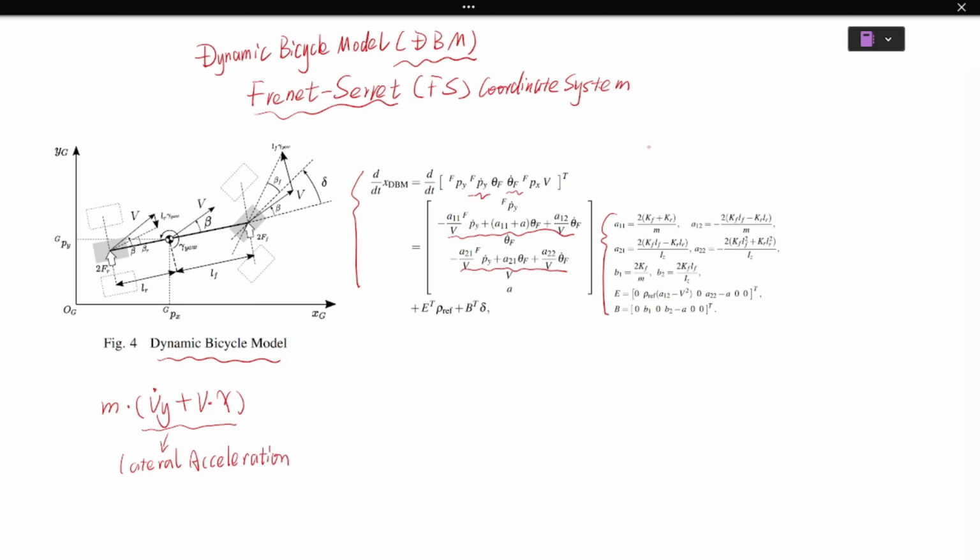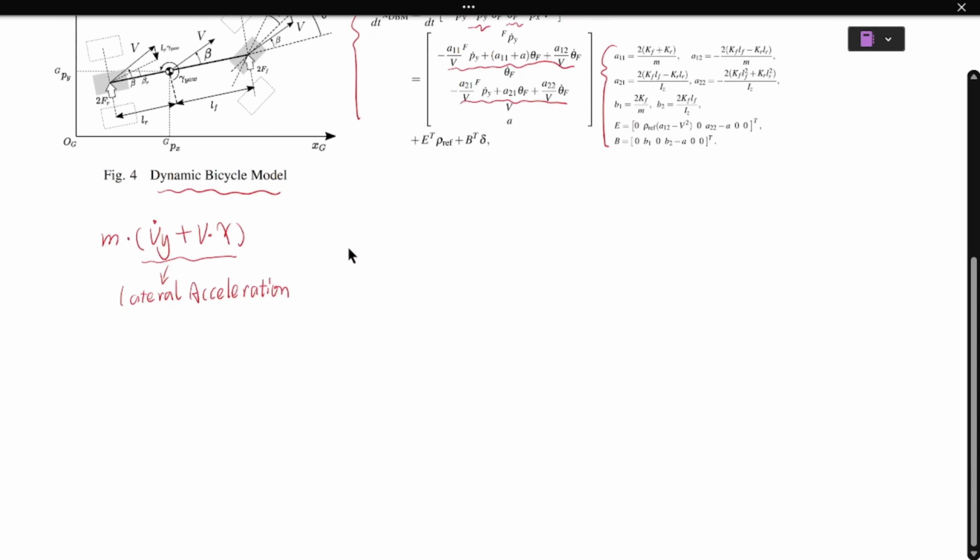Let me give you a short explanation. Imagine this is a curve and this is a plane wheel of a vehicle and this is the speed. At this time, the vehicle slip angle is 0.